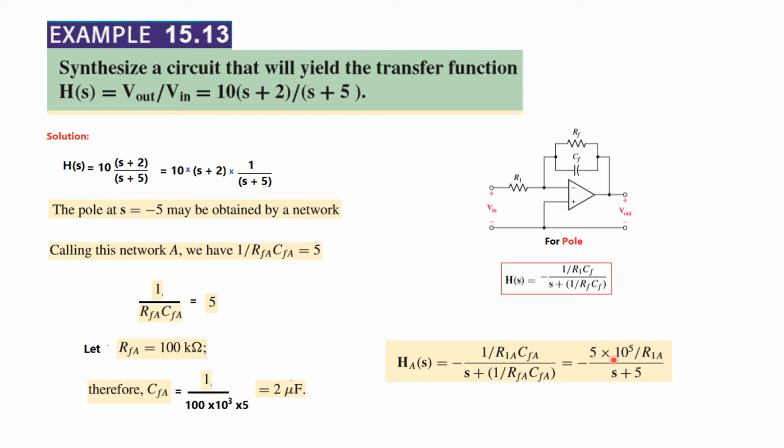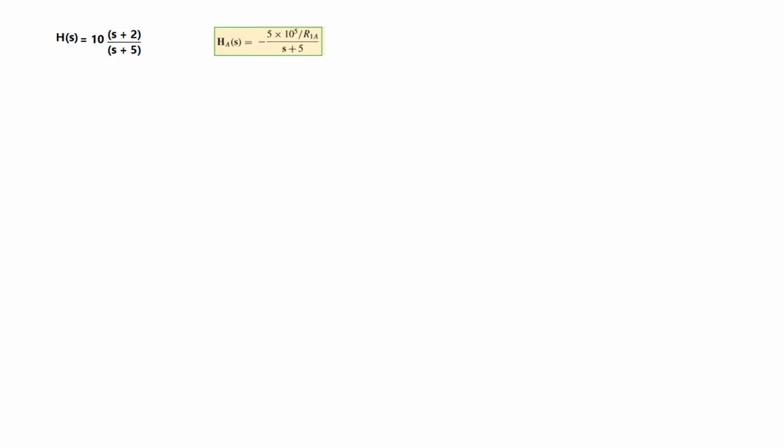Then after solving, this will become 5 into 10 raised to the power 5 divided by this resistance R1A. This is still unknown. Now we have found this up to here, and this was the original transfer function.